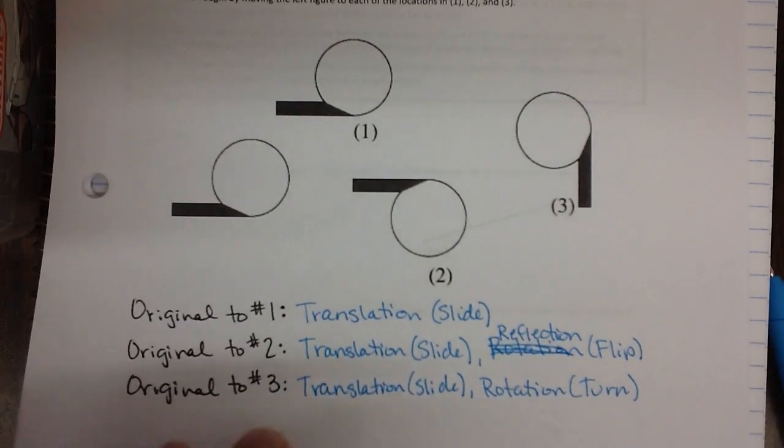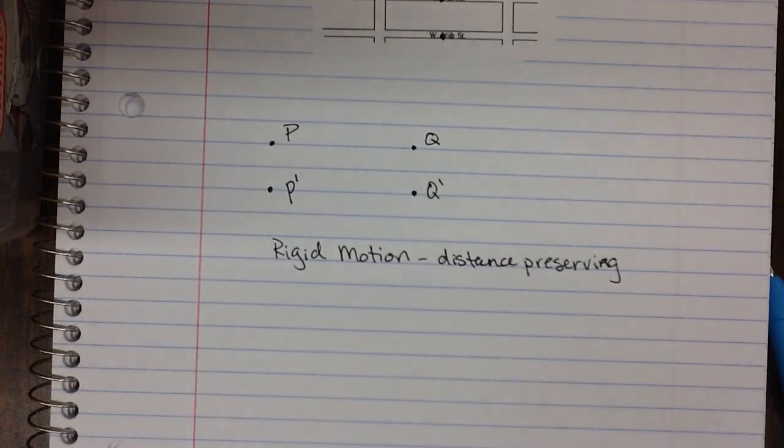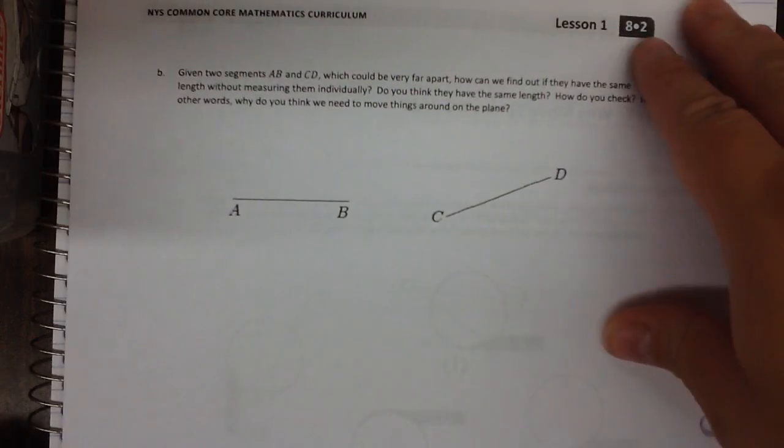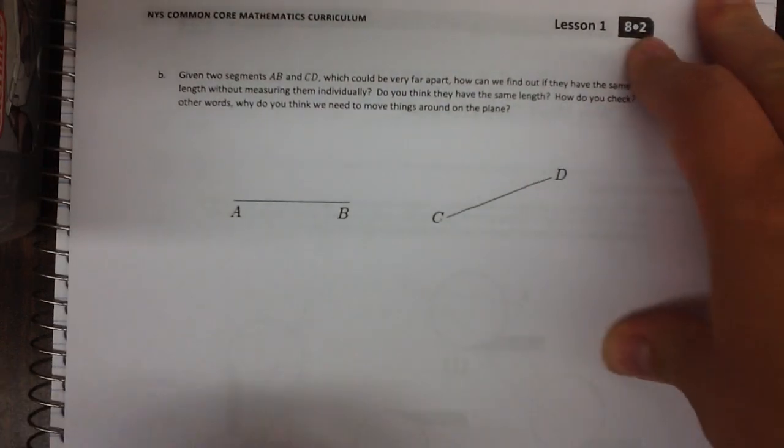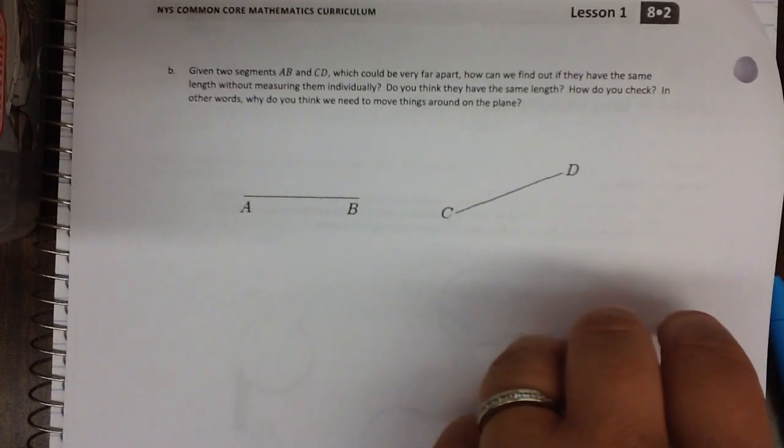Okay, so let's go ahead and flip the page. So kind of the same thing here. We have 2 segments, AB and CD, which we talked about at the very beginning. We looked at this picture earlier, okay? And now what we want to do is to determine their length without measuring them individually.